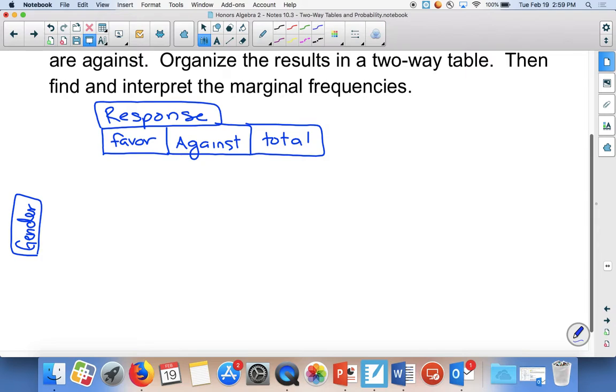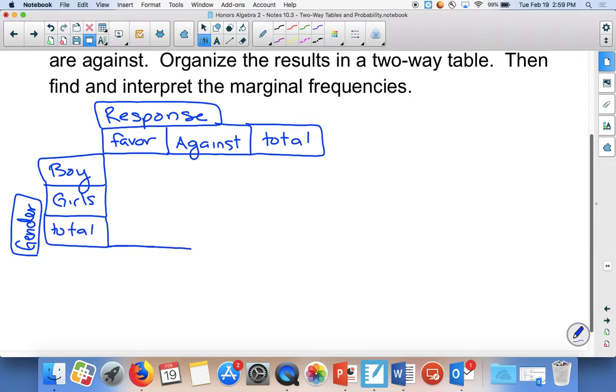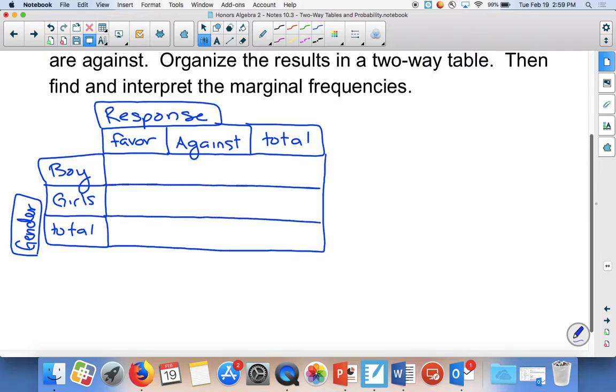Okay, so we've got boys that were surveyed, and then we've got girls that were surveyed, and then we've got our total. And then just fill in your box here.